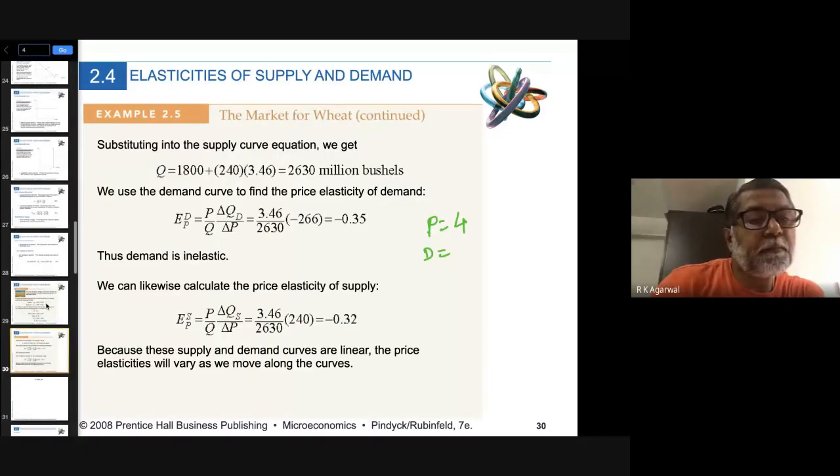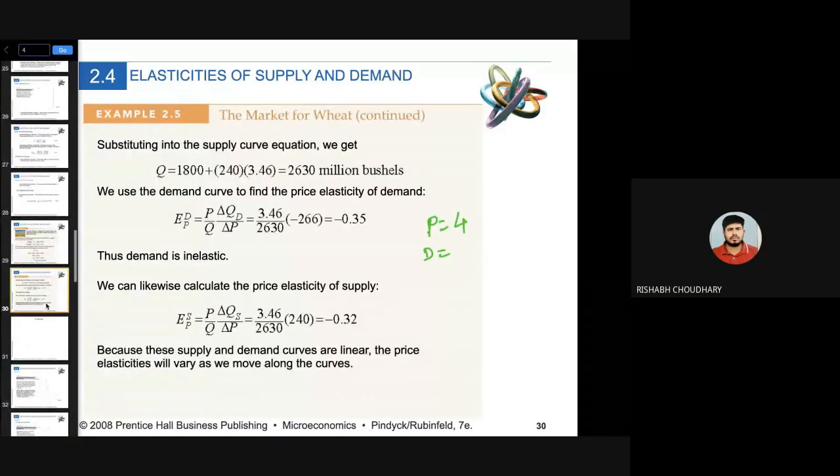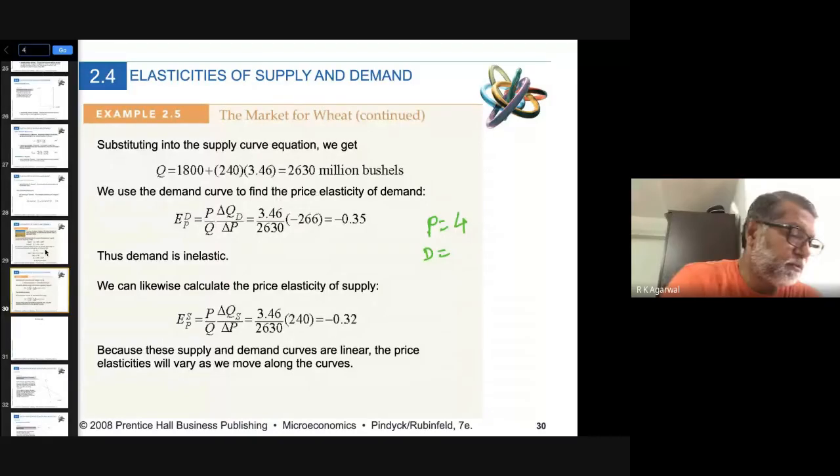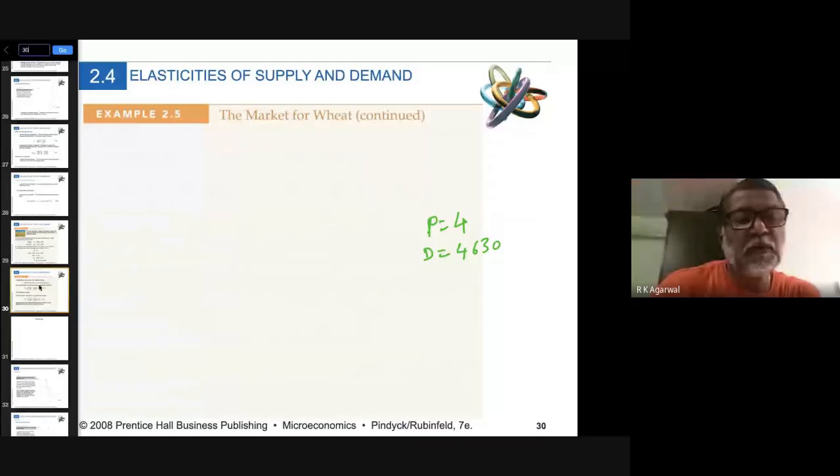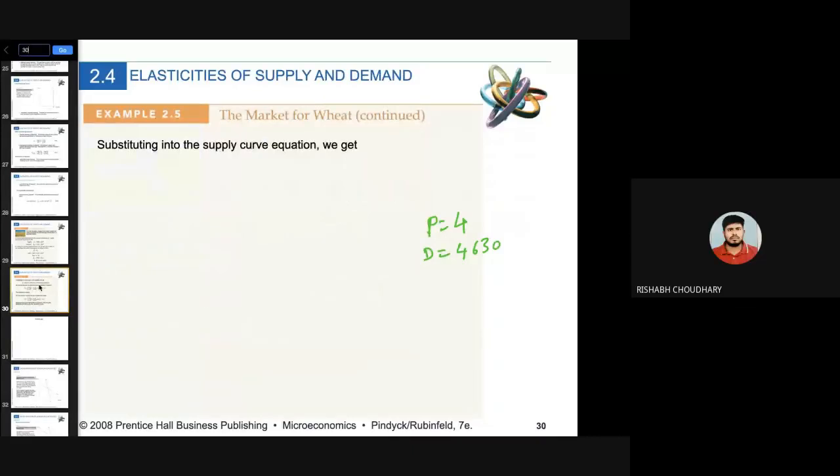Quickly go through it. 2630 quantity demanded, not 4630. Yes, 2630.